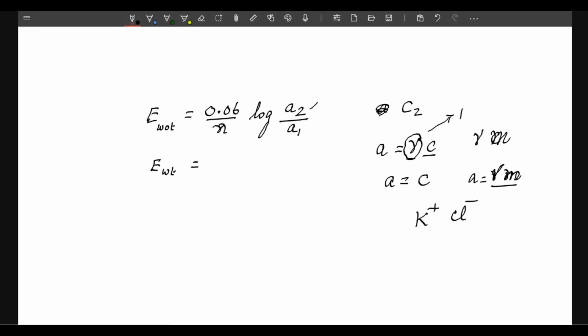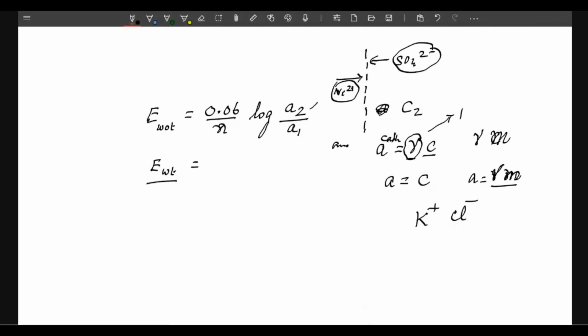But in actual practice, whenever ions move across the membrane, for example a sulfate anion moving from cathode to anode, and a nickel 2 plus cation moving from anode to cathode, their speeds are not at all equal. They are all different. Because of this difference, E_WT differs. There is one more reason also.